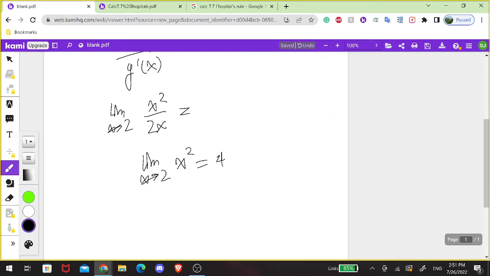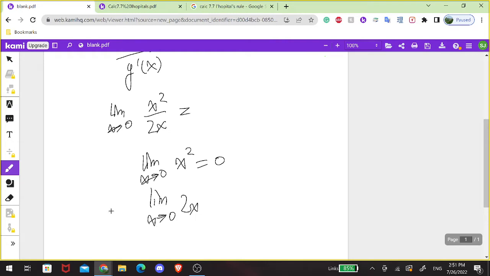No, 4 over 4 is not 0 over 0. My bad. So let's put 0 here. There we go. Limit as x approaches 0 of x squared equals 0. Of 0 squared is 0. And also limit as x approaches 0 of 2x is also 0.